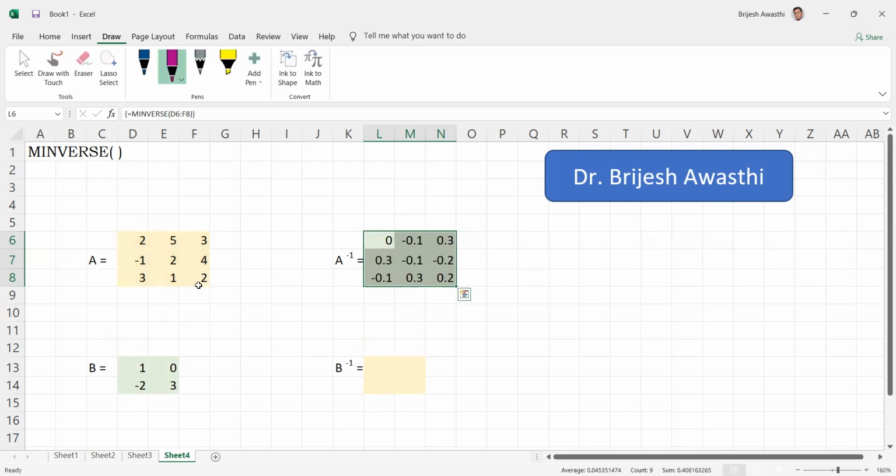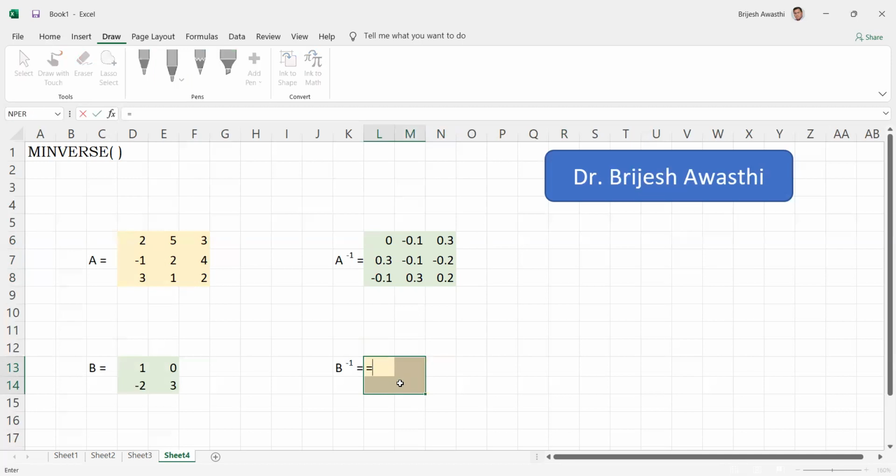You will find the inverse of matrix A. Now, if you want to calculate the inverse of matrix B, how will you calculate? Again, select 2 by 2 because our matrix is 2 by 2, equals to MINVERSE. Select the array, press Control Shift, then enter. You will find the inverse of matrix B.